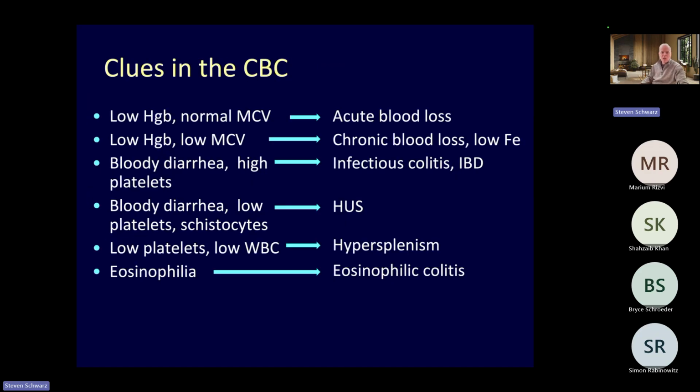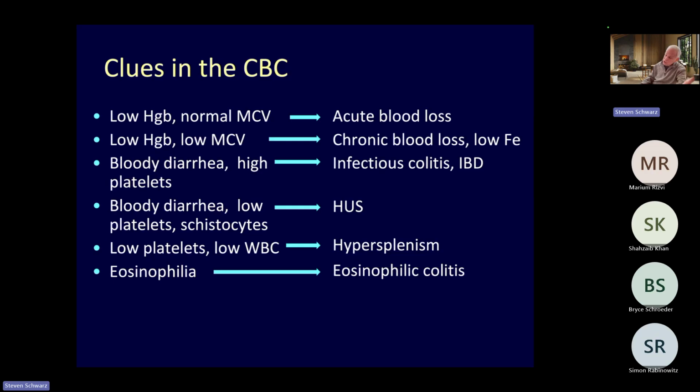Okay, clues in the CBC: low hemoglobin, normal MCV, acute blood loss; low hemoglobin, low MCV, chronic blood loss; bloody diarrhea, high platelets, infection, IBD; bloody diarrhea, low platelets, abnormal forms, HUS; low platelets, low WBC, hypersplenism; eosinophilia.